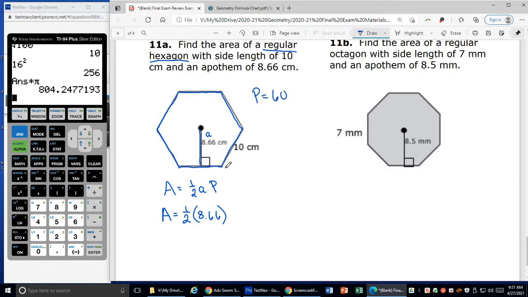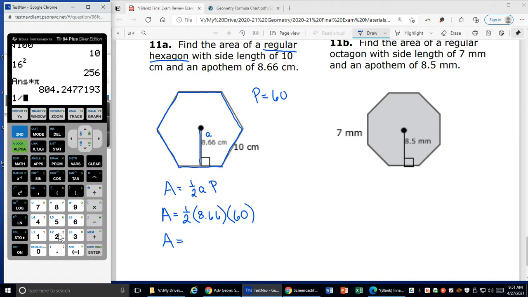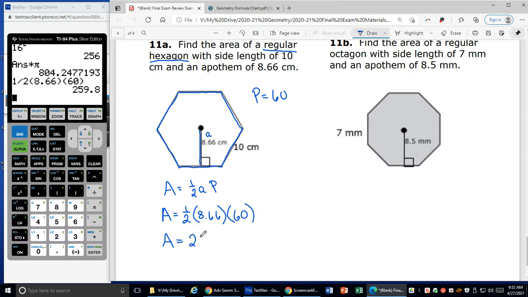Or we could do 10 times 6. 60 is my perimeter. So my area then is 1/2 times 8.66 times 60. That's 259.8. My units are centimeters squared because it's area. 8.66 centimeters times 60 centimeters. Centimeters times centimeters is centimeters squared.